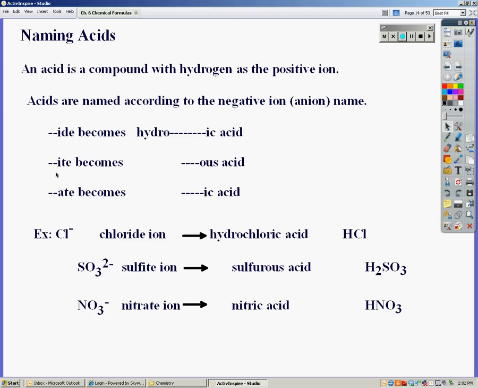If the anion ends in "ite", then you change "ite" to "us". And finally, if the anion ends in "ate", then you change "ate" to "ic", and add the word acid. Okay, and I'm going to write down a good way to help you remember, especially these two.